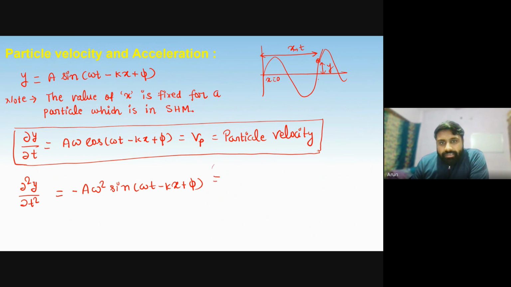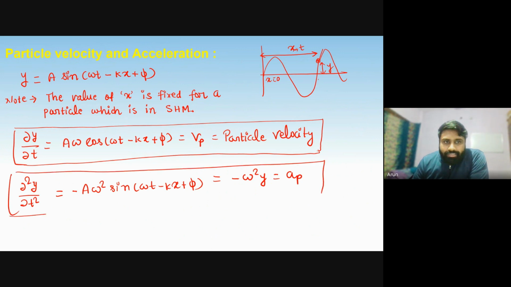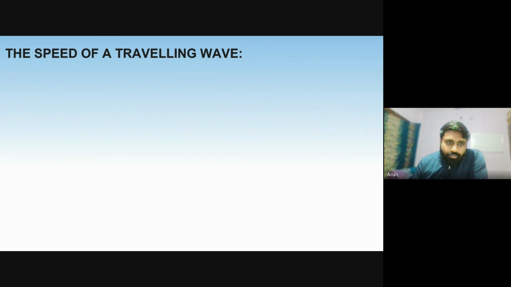So this will become minus omega square y. So it is satisfying the condition of SHM also. This is the acceleration of the particle, which depends on the negative of the displacement. Got it?